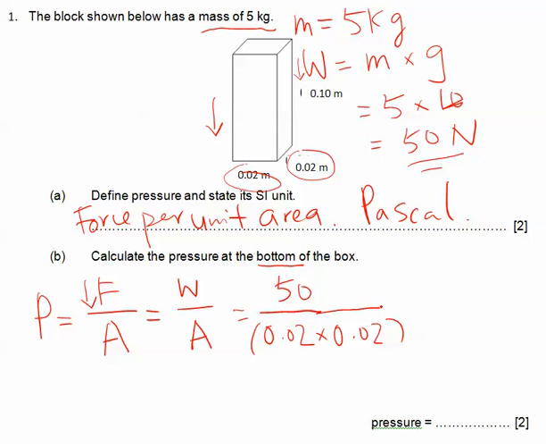Okay, so you press your calculator, you get an answer which is 125,000 Pa. So you can write down your final answer as 125,000 Pa. Okay, so this is how you solve question 1A and B.